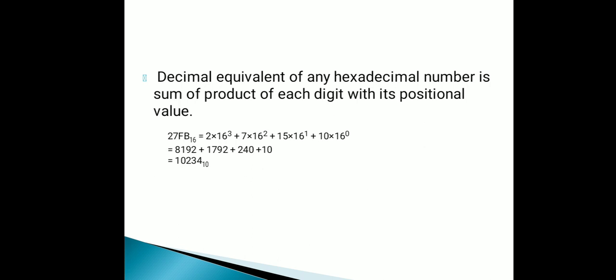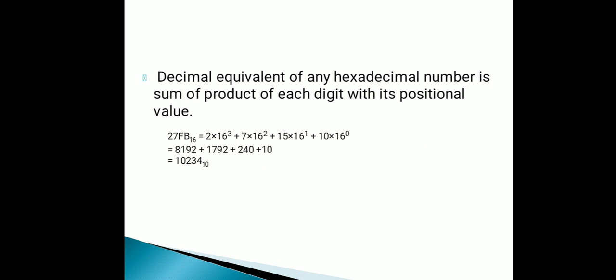So write down 2 into 16 to the power 3, 7 into 16 to the power 2, plus 15 into 16 to the power 1, and plus 10 into 16 to the power 0.